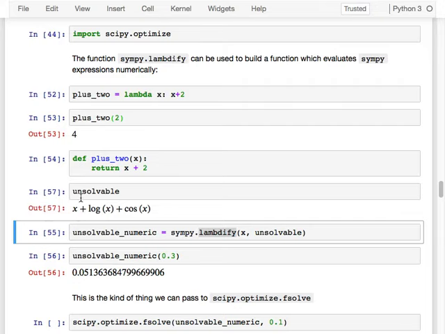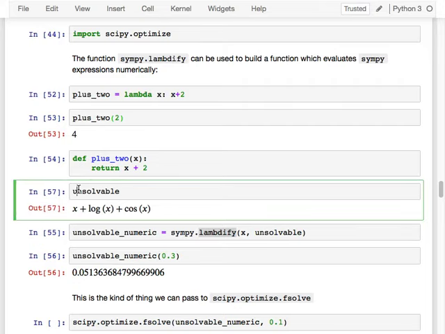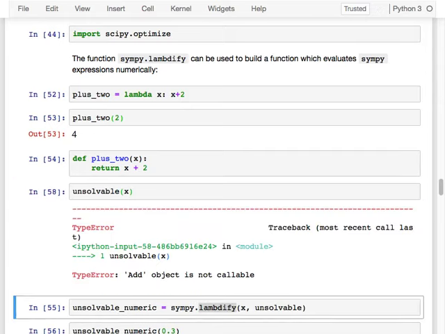Now this is a symbolic representation of that expression. It doesn't by itself do things. In other words, I can't call that expression with a value for x. It is just an expression which does by itself not actually do things.